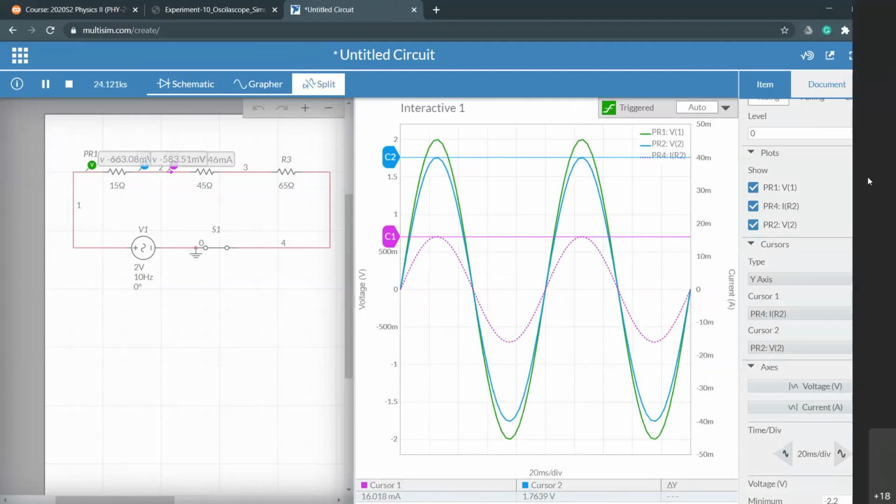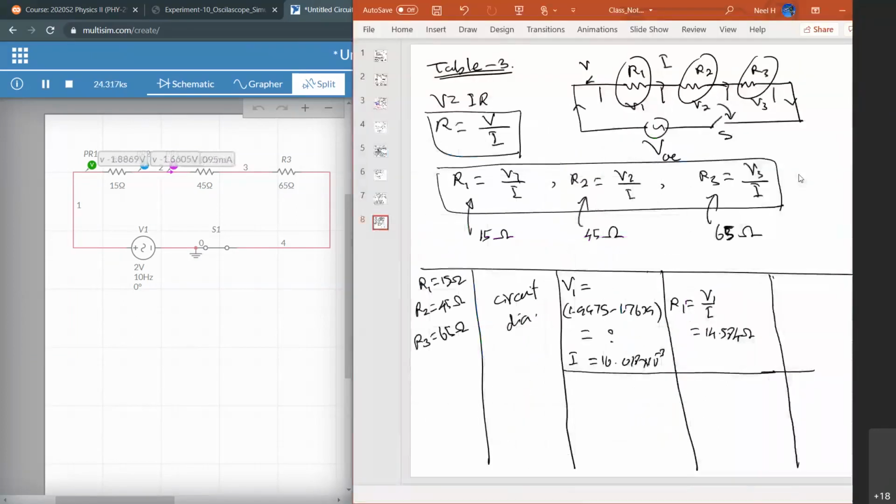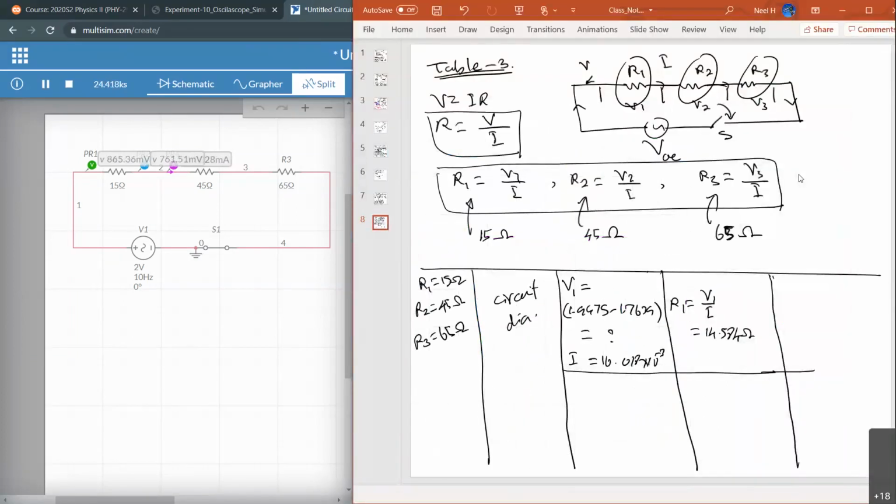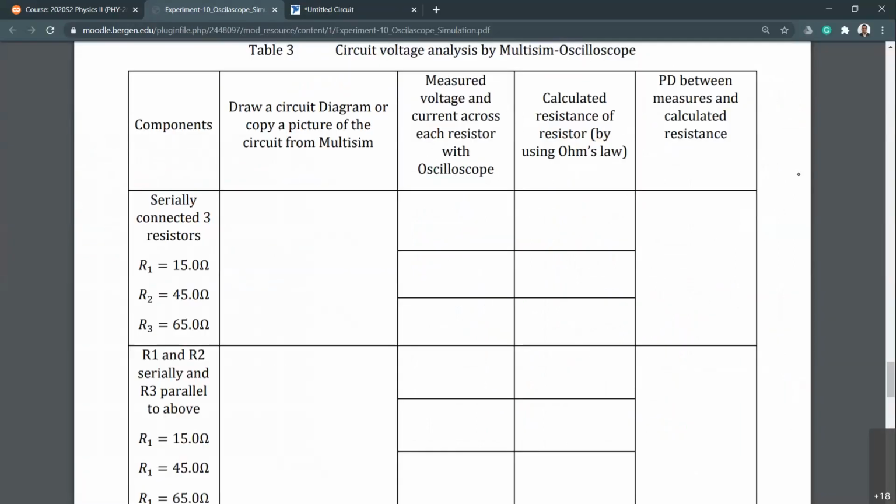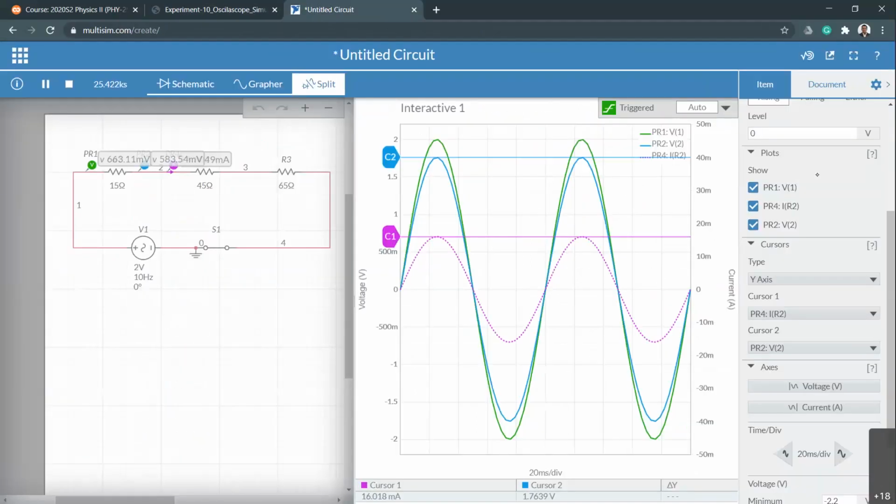If you do all the calculation correctly, you will get the ohm's value result. Then you compare this with this guy. So that means the percentage difference, PD value, between 15 minus 14.584, absolute value, divided by the average of that.